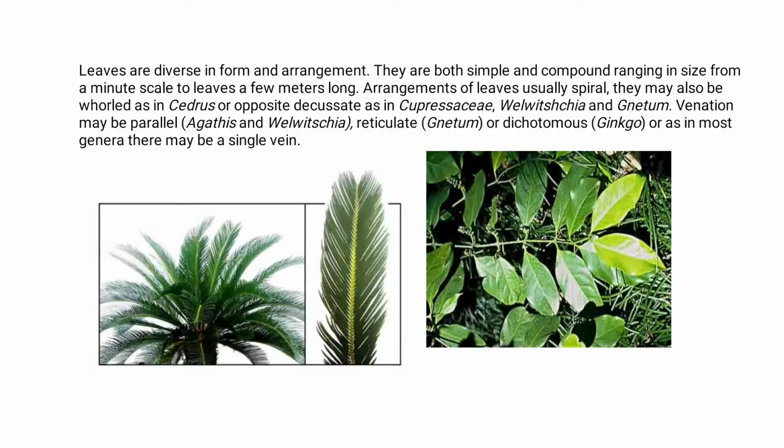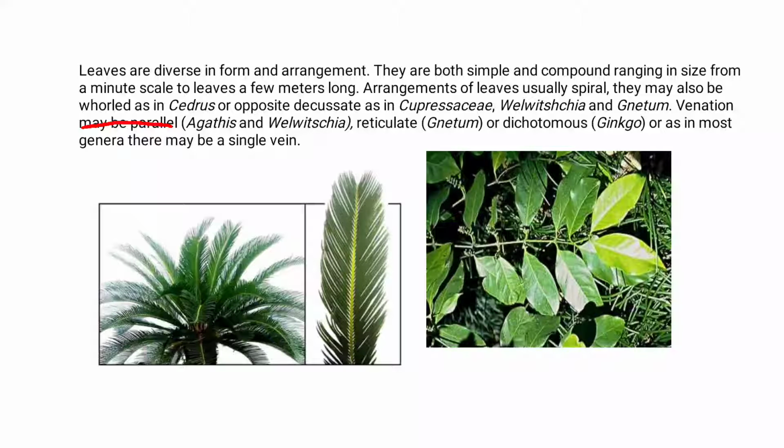Next, if you look at the arrangement of leaves on the stem, that is commonly known as phyllotaxy. Phyllotaxy is nothing but the arrangement of leaves on the stem. In gymnosperms, the leaves are either spirally arranged or whorled.